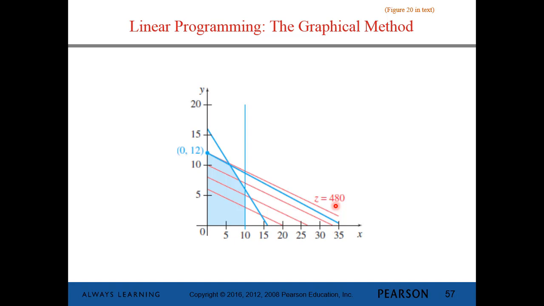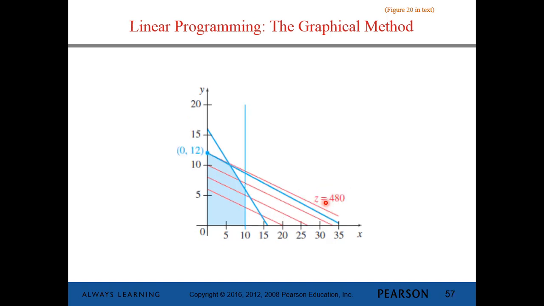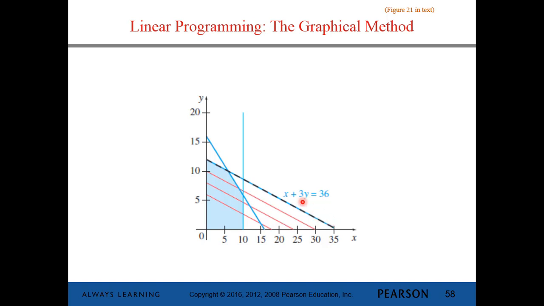Now, this is the main function. Notice that our z function at this point gives us the maximum profit, but also look at this equation here: x plus 3y is equal to 36.